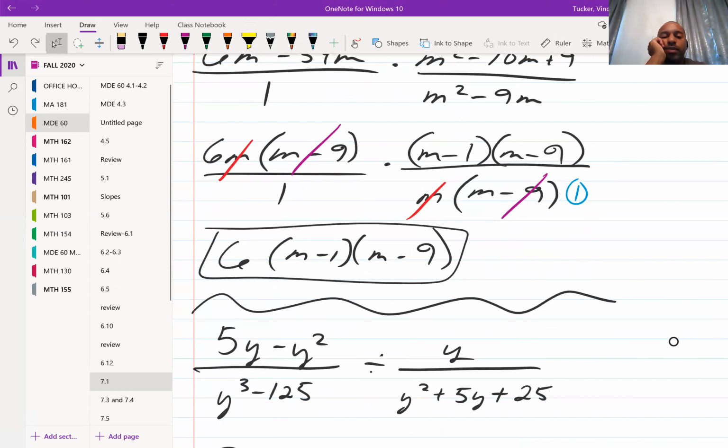All right, next one: 5y minus y squared over y cubed minus 125 divided by y over y squared plus 5y plus 25.